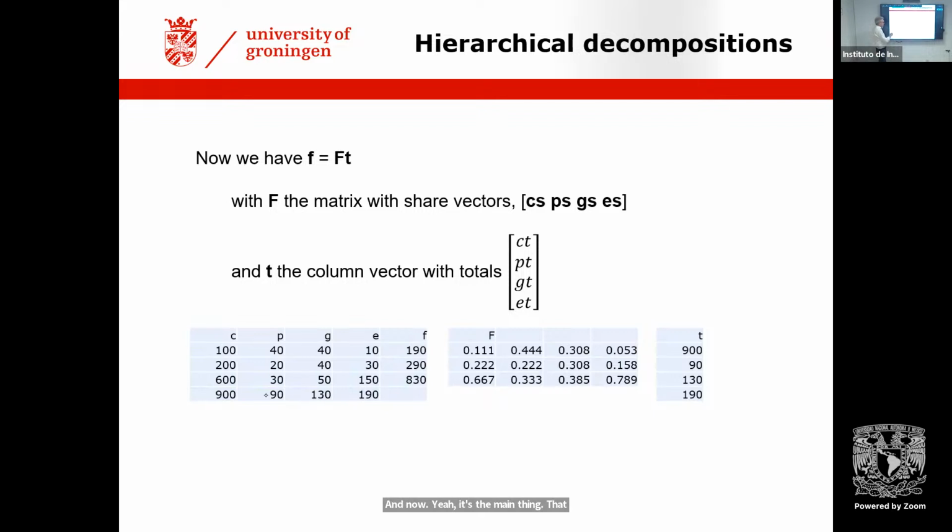That is 100 divided by 900, 0.11, 200 divided by 900, and 600 divided by 900. So these are the shares. And the shares for private investments, 40 divided by 90, 20 divided by 90, 30 divided by 90, etc. Observe that the shares add to 1.